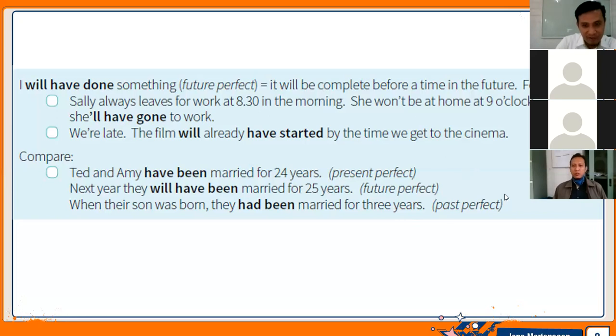This is past perfect tense. When their son was born, they had been married for 3 years. It means how many years ago? Yeah, it means like 21 years ago, right? Okay, this is the comparison between present perfect, future perfect, and past perfect tense.